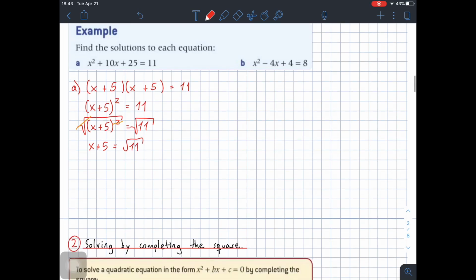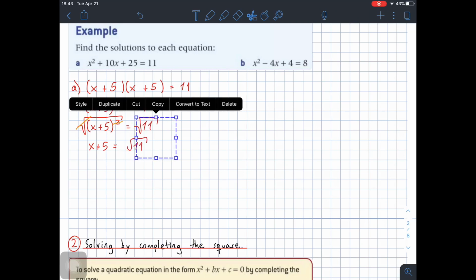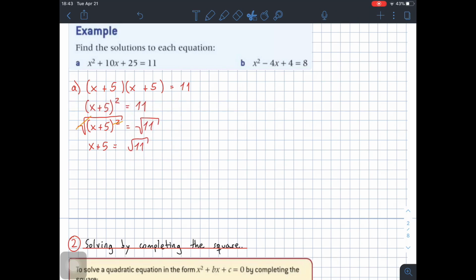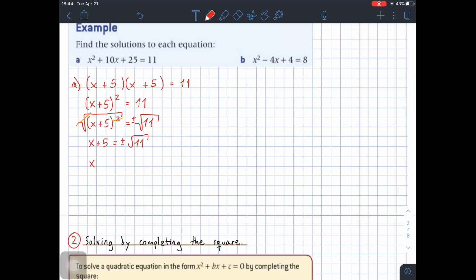So finally, the value of x, remember something. Whenever we do square root, there's always a plus or minus sign in front, right? Do not forget that. Whenever we apply square root, we need to write plus or minus, okay? So the values of x would be plus or minus the square root of 11 minus 5, right?